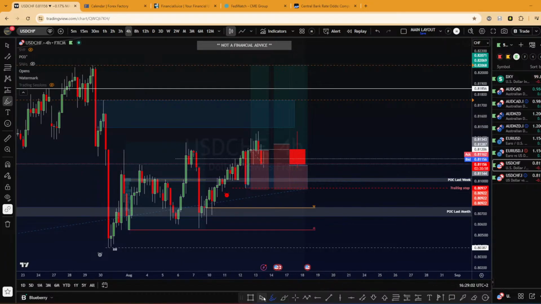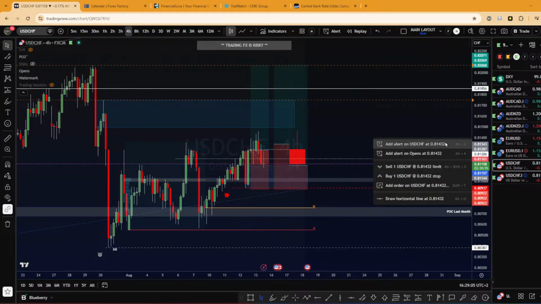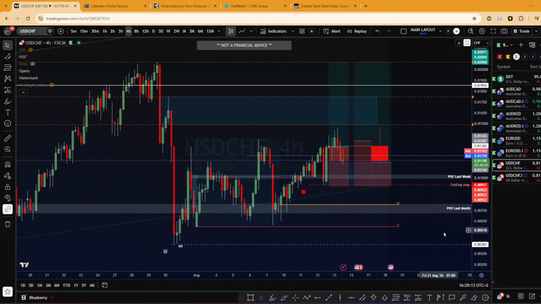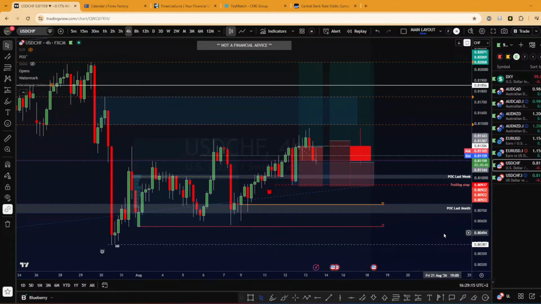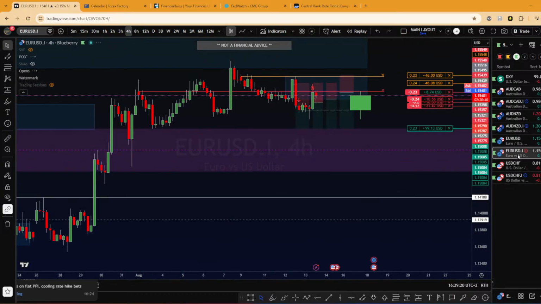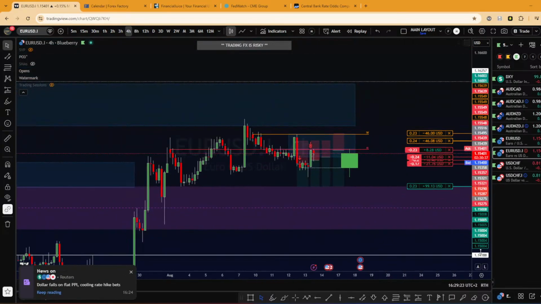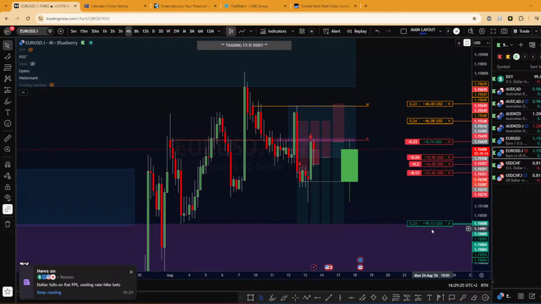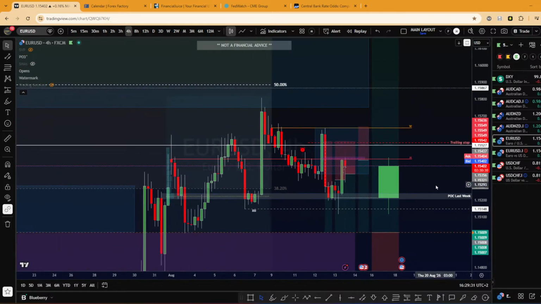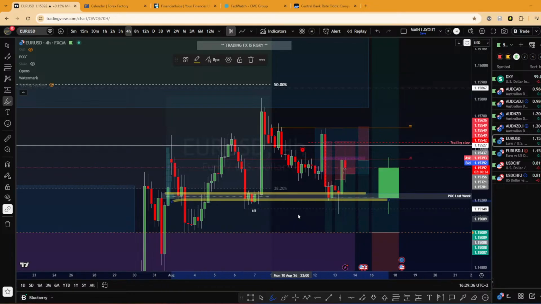Some alerts also here at this supply zone. Let's see. Look at how we hold on this point of control. We are holding. I don't like it.